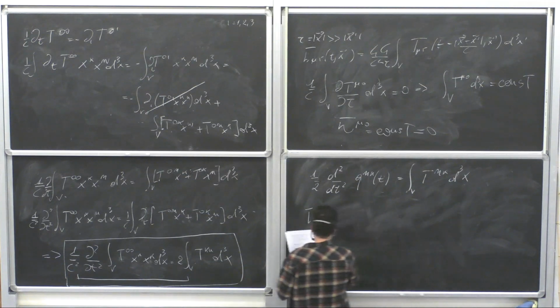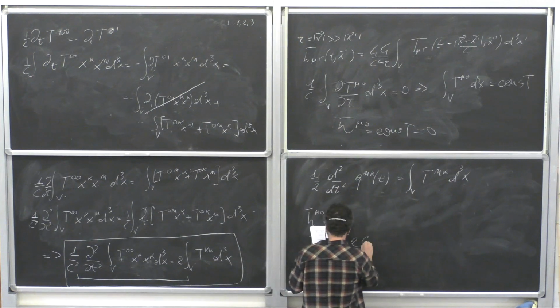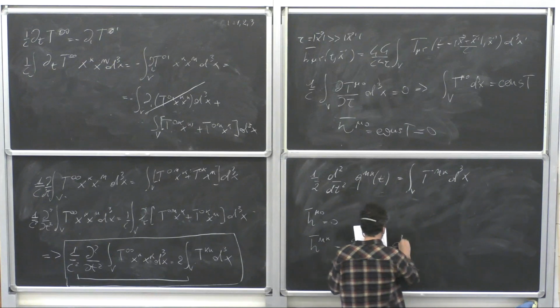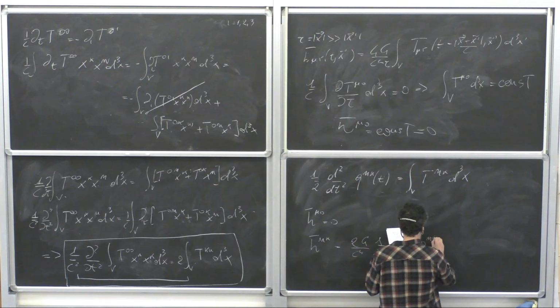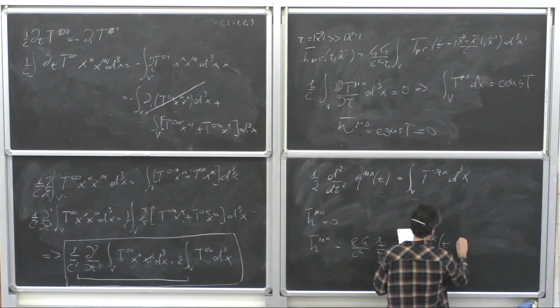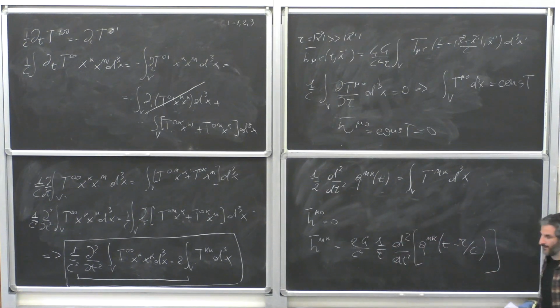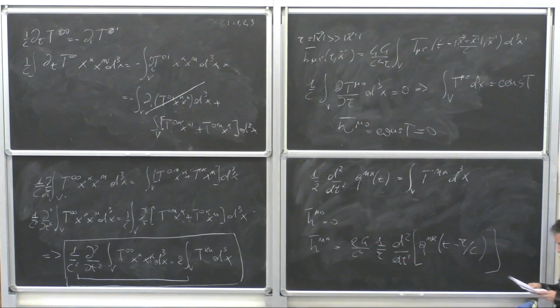So h_nk will be 2G over c^4, 1 over r, d squared dt squared, Q_nk of t minus r over c.